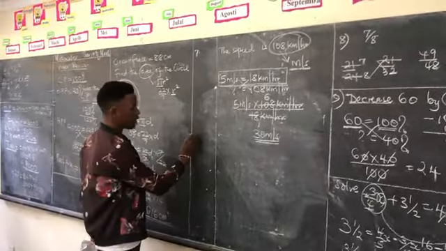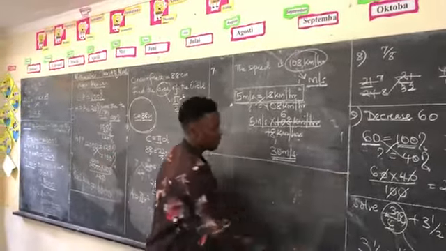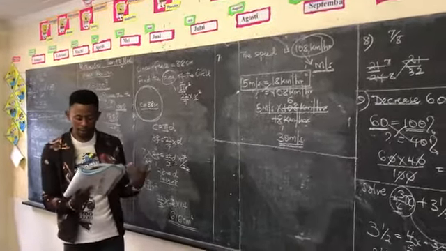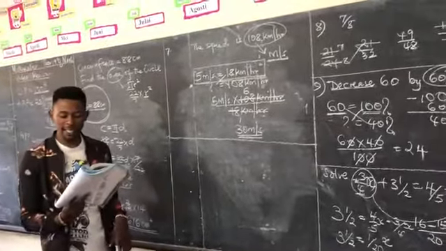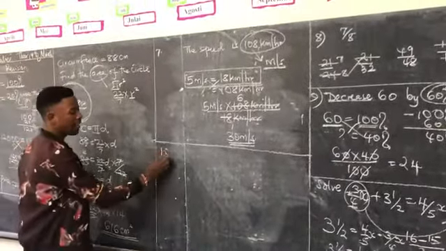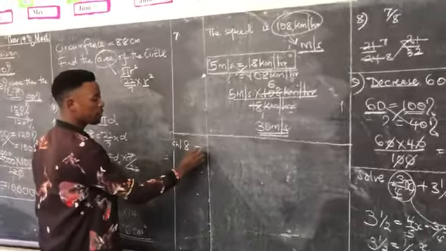Number 14 was a challenge to so many of us. It's also a question that I saw people fixing the answers, but let's go through it. The charges of sending a telegram are 18 shillings for the first 10 words.